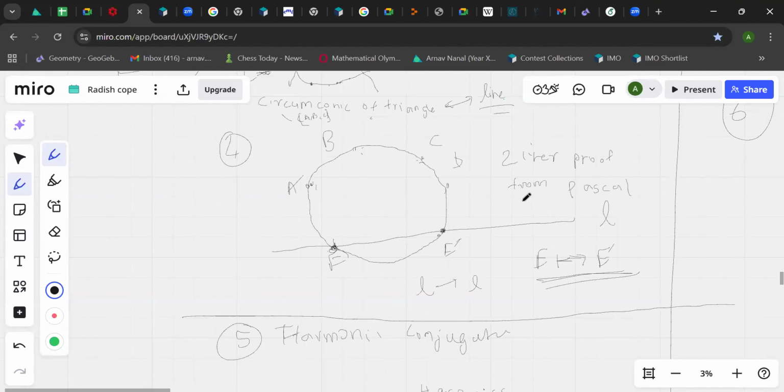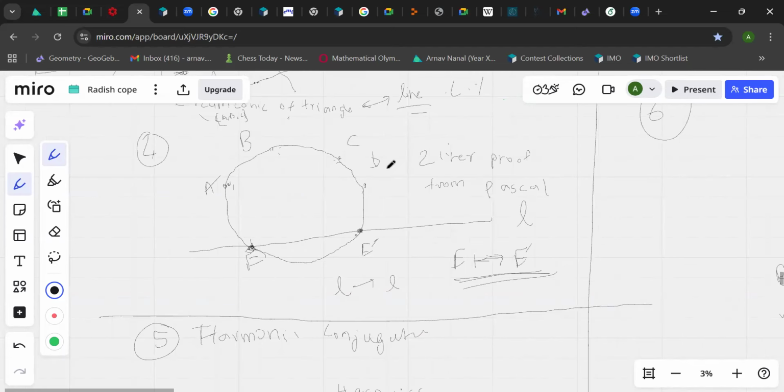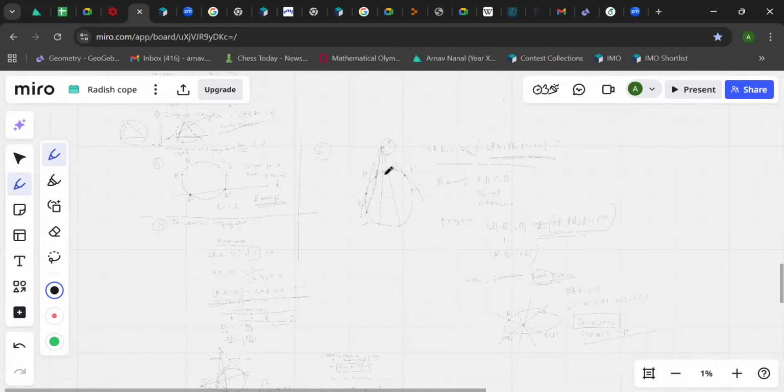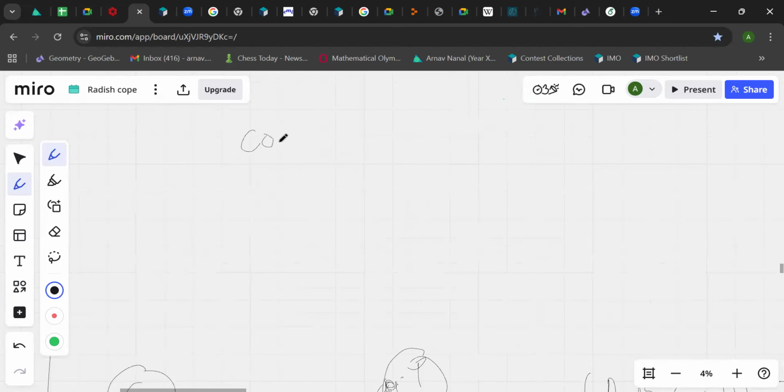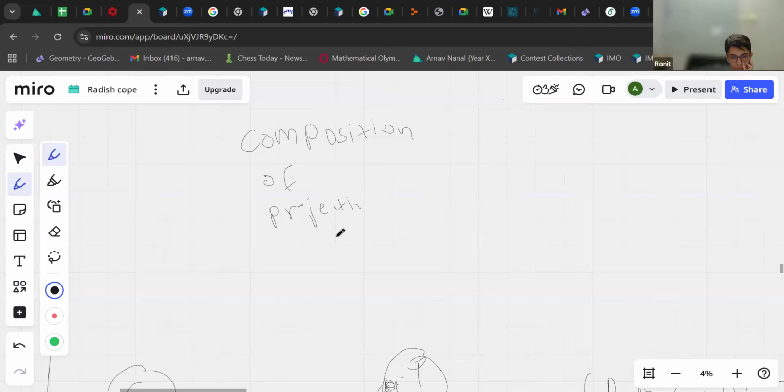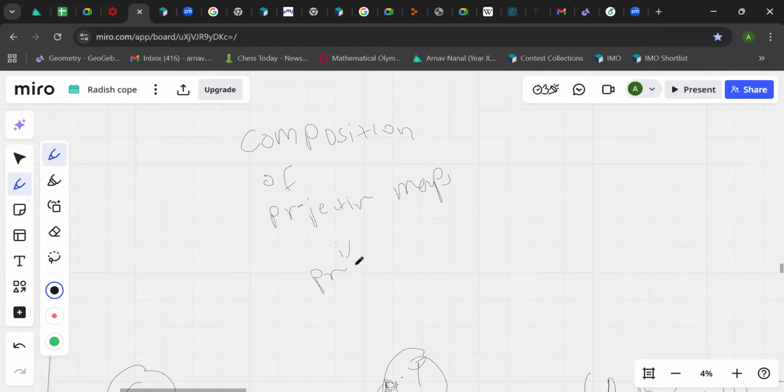Quick note to add: we saw many projective maps here. The composition of projective maps is projective. It's really easy to observe, a very trivial thing but really powerful.